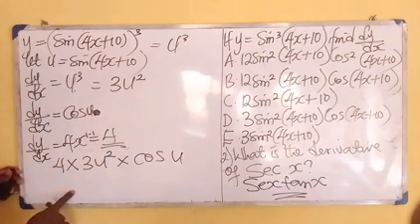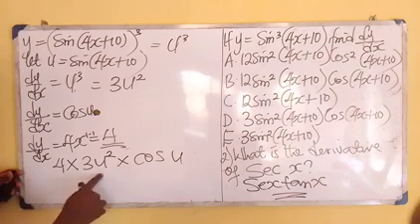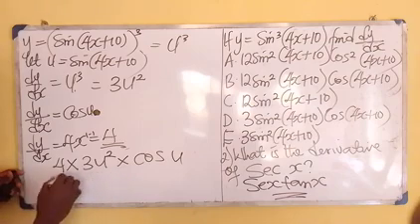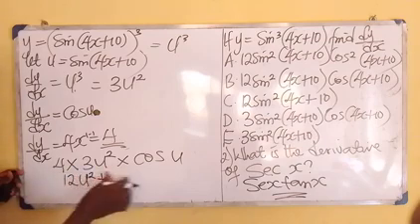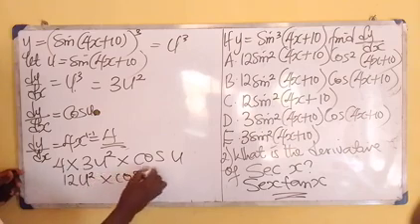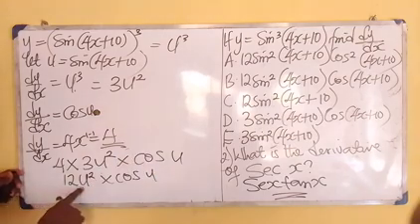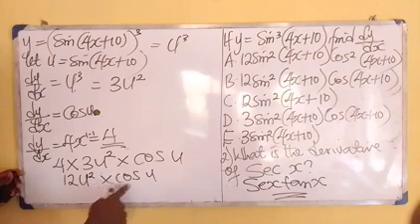So how do we go about this? 4 times 3 is 12. 12u squared times cos u. Alright?